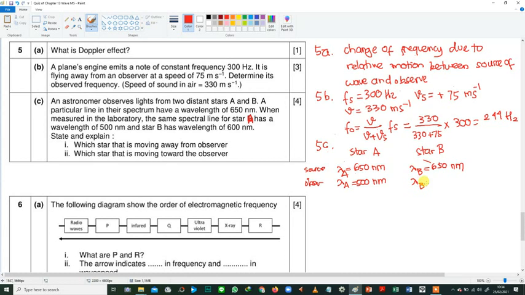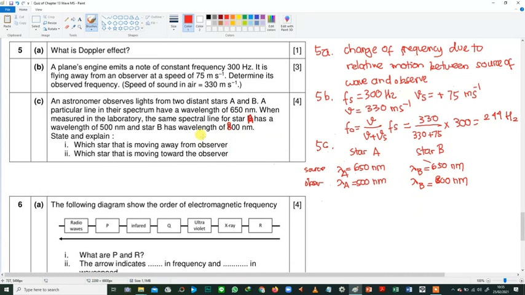Lambda B is going to be 600 nanometer also. Okay, so what happened? Which star is moving away from the observer, and which star is moving toward the observer? This is basically the original paper, but I'm going to change this one to make it different. For B, it's going to be more than the original one, so 800.